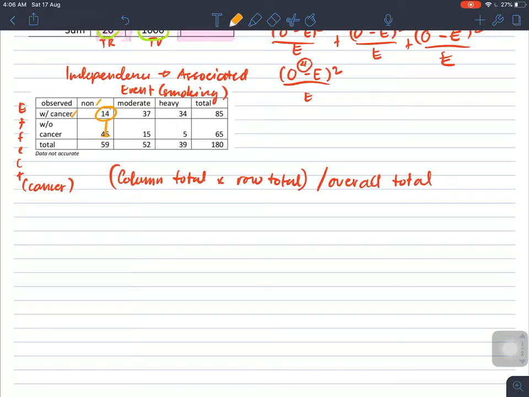So, that would be 59 times our row total, which would be 85, divided by our overall total, which is 180. And then, kung ano man po yung sagot natin, that would be the expected value for 14.